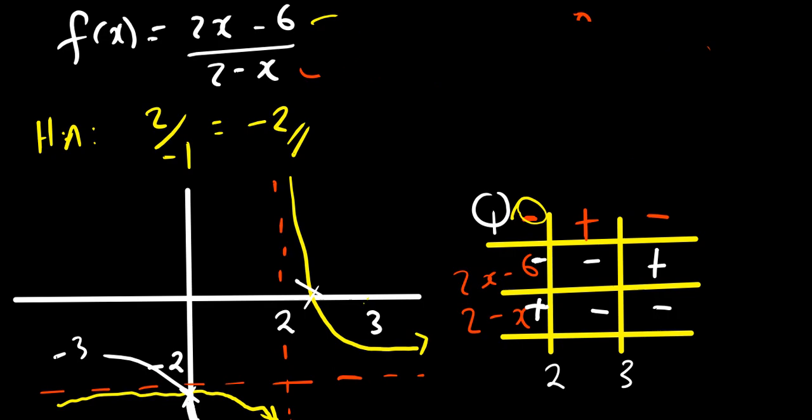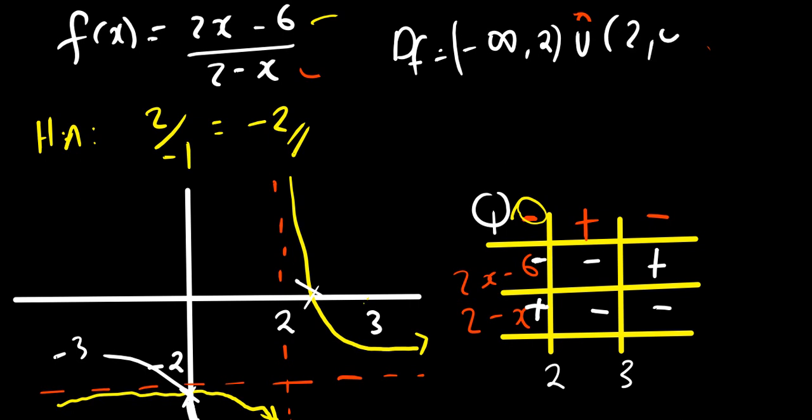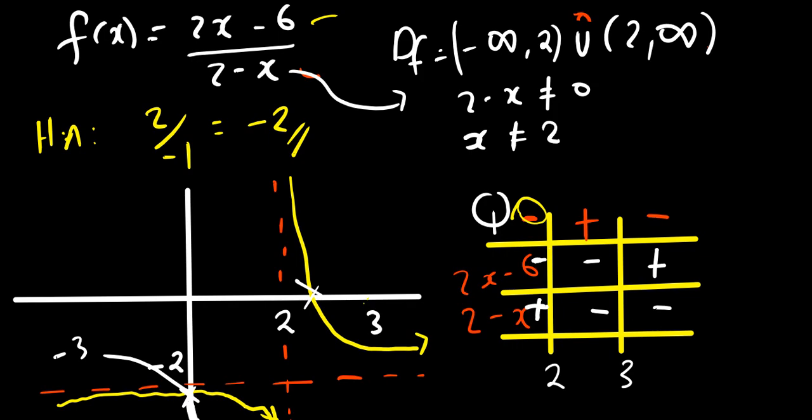From our solution set, you can see that the domain is from negative infinity to 2, union 2 to infinity. You know that 2 minus x should not be equal to 0, so x should not be equal to 2. You want all the values but just don't want 2. That's how you express it in interval notation.